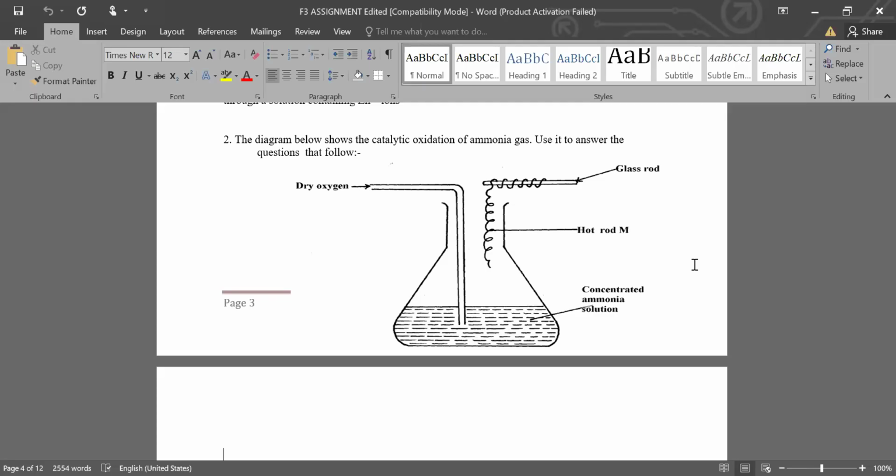So that one is also catalytic oxidation of ammonia, because ammonia is being oxidized by oxygen in presence of a catalyst.